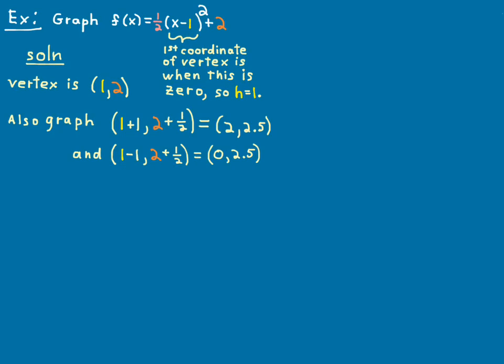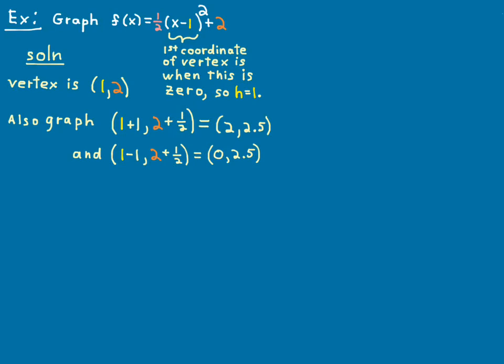So all I'm saying is, from your vertex, you'll go right 1, and it's always right 1, no matter what the other numbers are in the problem. So you'll go right 1, and you'll go up whatever your leading coefficient is, which is 1/2 in this case. So right 1, up 1/2, from the vertex, not from some other point. Then we'll do left 1, up 1/2.